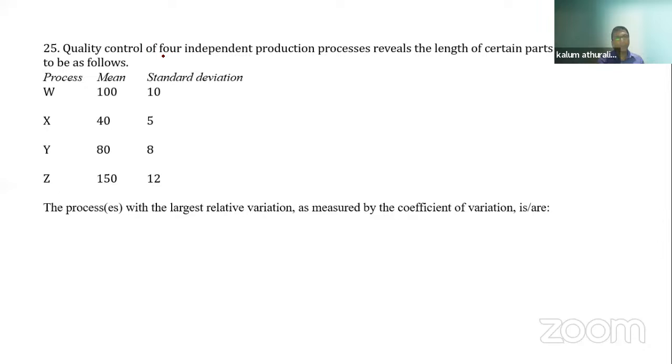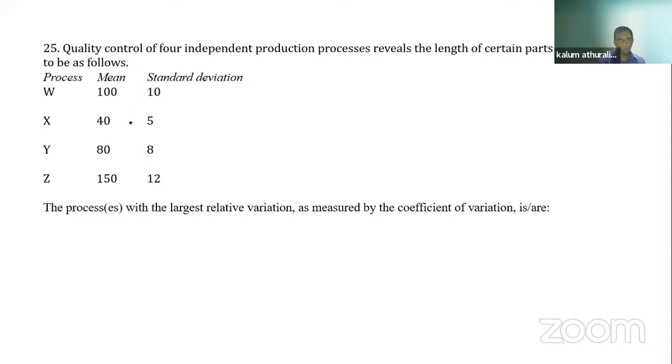The quality control of 4 independent production processes in the large process. There are 4 processes: W, X, Y, Z, with the mean and standard deviation. Mean is the average value. Using standard deviation you can find the variation. Which process will have the largest variation as measured by coefficient of variation?